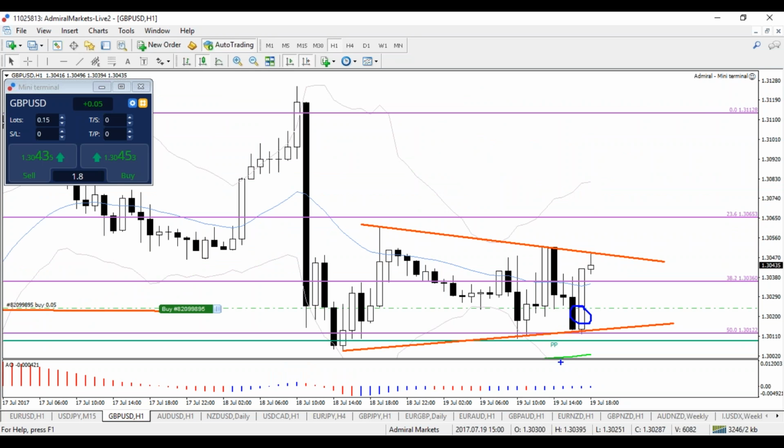Now, I think one could have taken it earlier on this candle, or even on this candle, because I think this was already a good candle that was kind of confirming the bounce. This was, in a way, a breakout candle already, and this was, in a way, the second hook back.